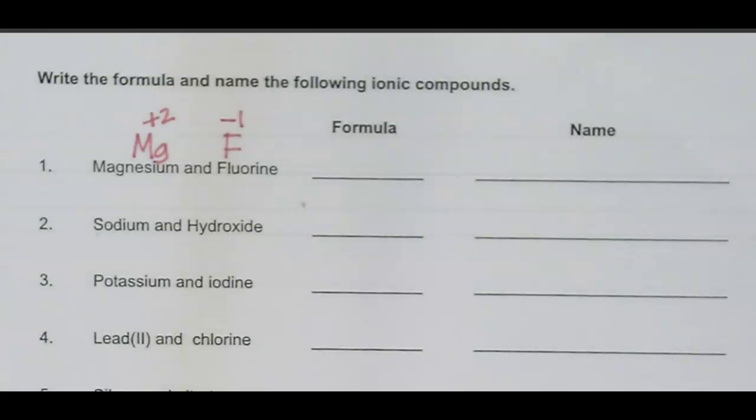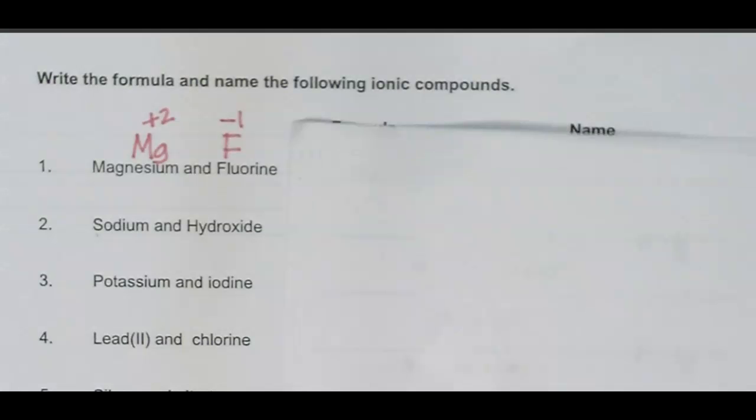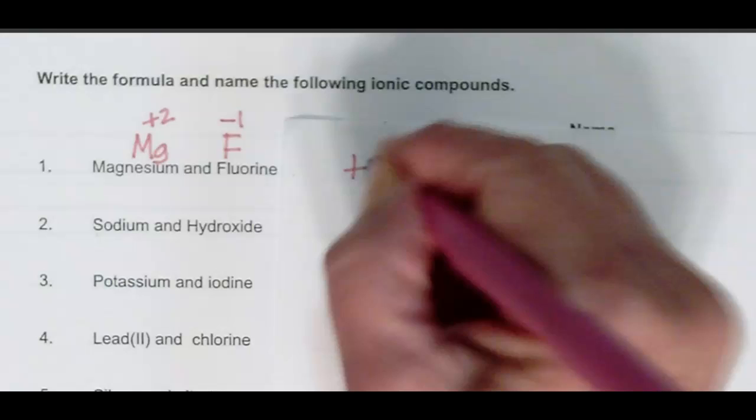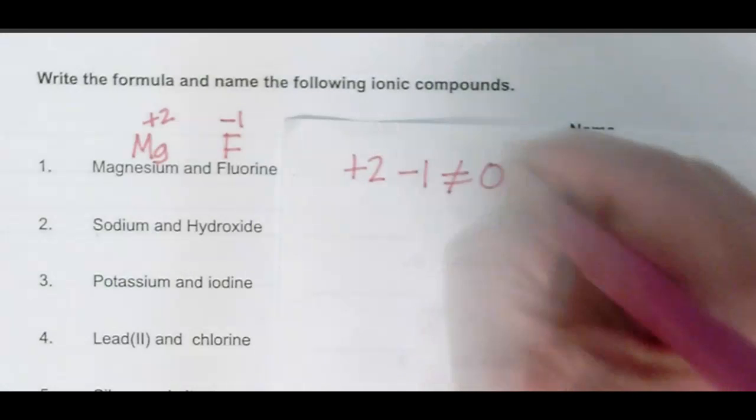Now, when you look at these two, remember the charges on your compound must equal 0. So if I have a +2 and a -1, that does not equal 0.